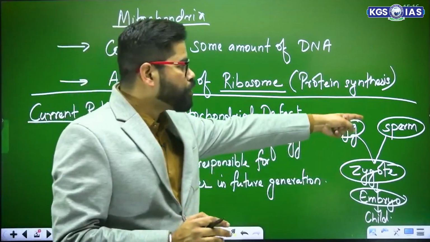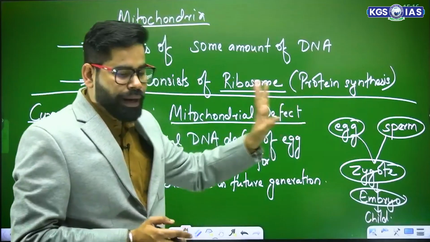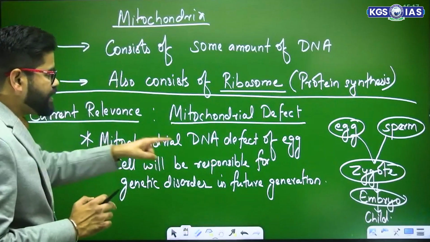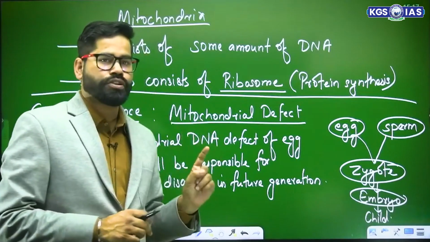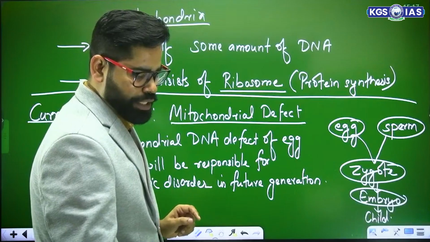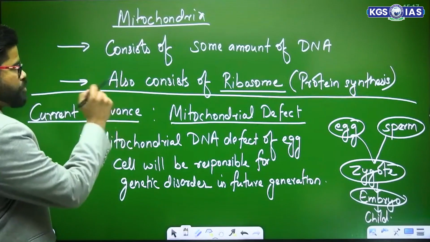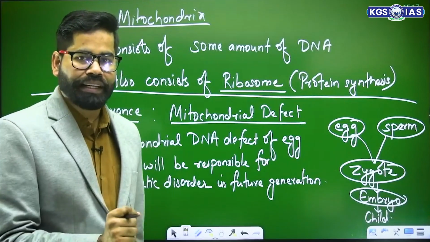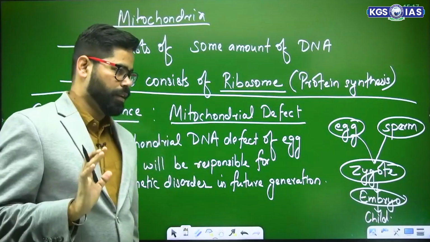So the mitochondria of a sperm doesn't matter. The mitochondria of egg matters here. And so we see that this mitochondrial DNA defect of egg cell will be responsible for genetic disorder in future generation. So this is one thing which we see in case of mitochondria. This is our first cell organelle, mitochondria, also called as powerhouse of the cell.